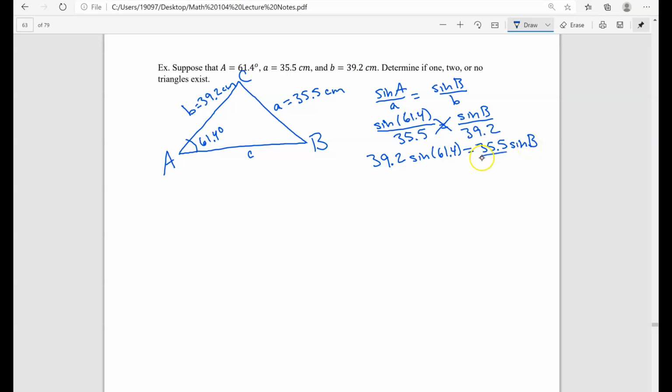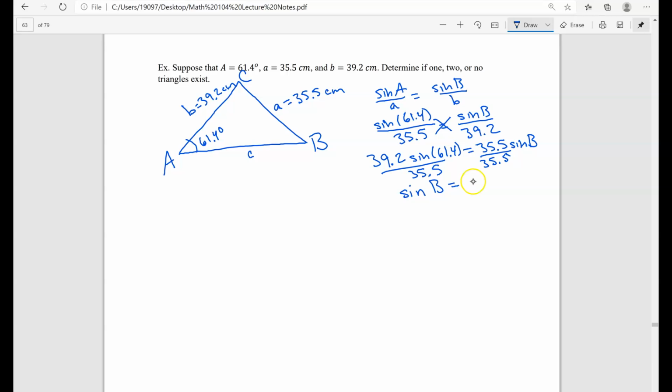Okay, so let's divide by 35.5. So then you're going to have sine B is equal to 39.2 sine of 61.4 divided by 35.5.